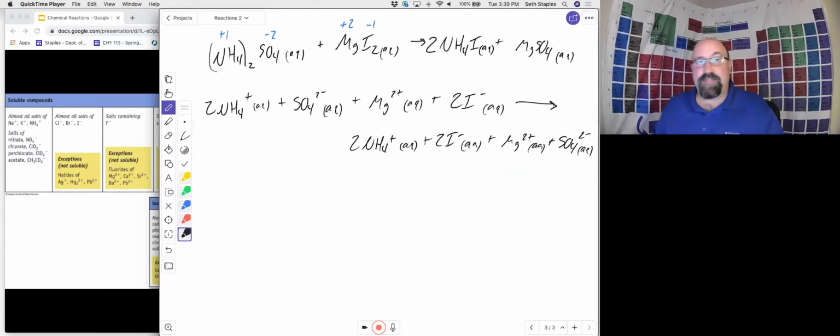And so we can see that nothing changes. We have 2 NH4s, an SO4, an Mg, and 2 iodides on our reactant side. We have 2 NH4, 1 SO4, 1 Mg, and 2 iodides on our product side. Nothing at all changes. Everything is remaining aqueous. All that we're doing is we're dumping 2 solutions together, and all these ions are just swimming around in the solution there. Nothing new is being formed.